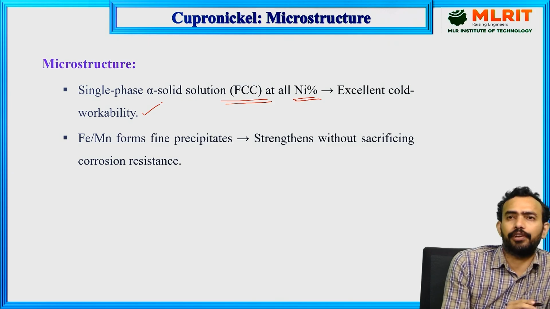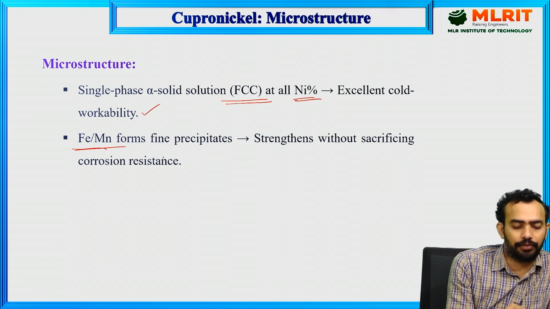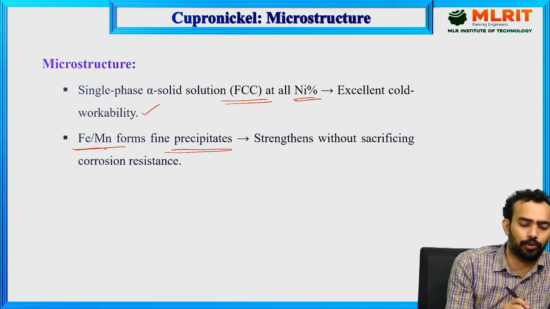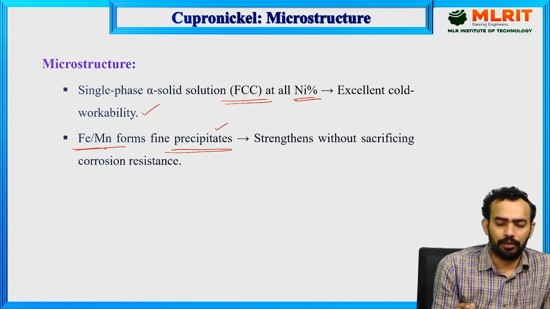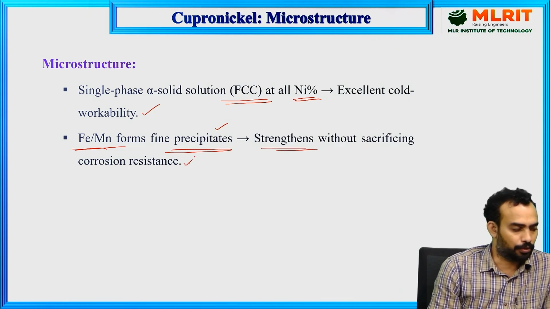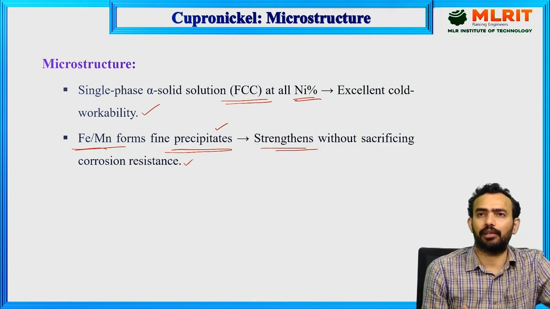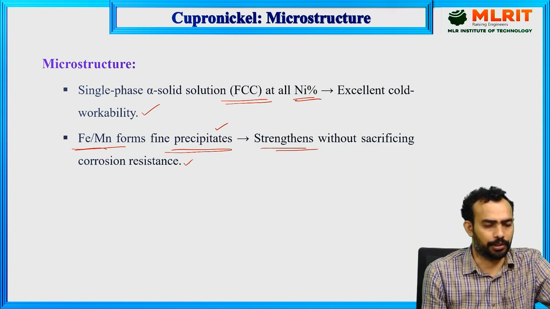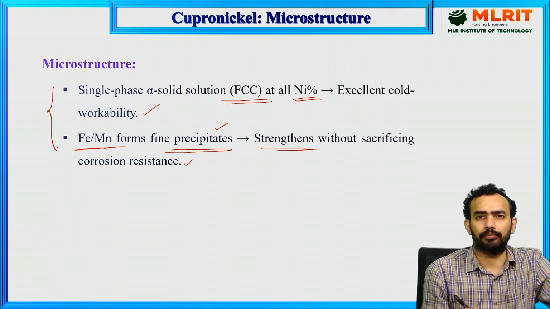Then iron and manganese form fine precipitates, very small particles, which strengthen the material without sacrificing its corrosion resistance. So the strength can be significantly improved with these iron and manganese precipitates, and both can be observed in the microstructure.